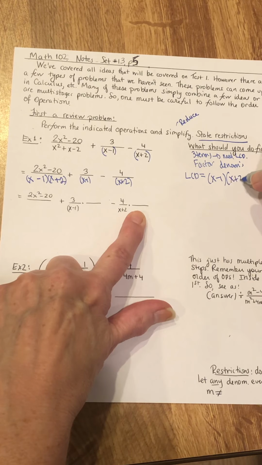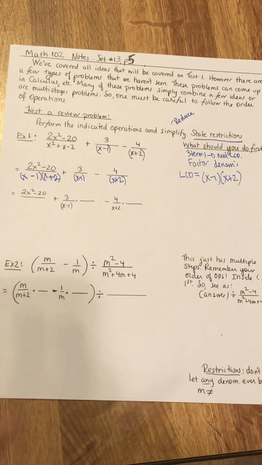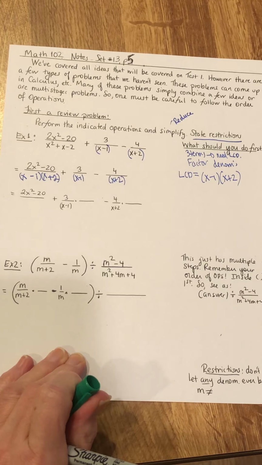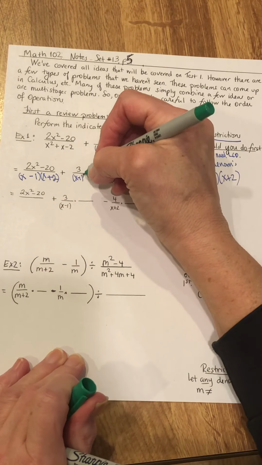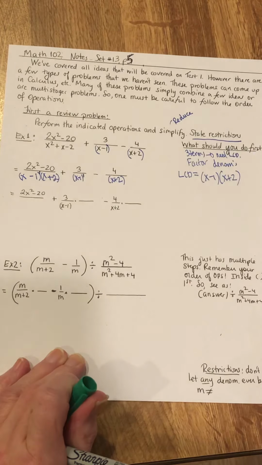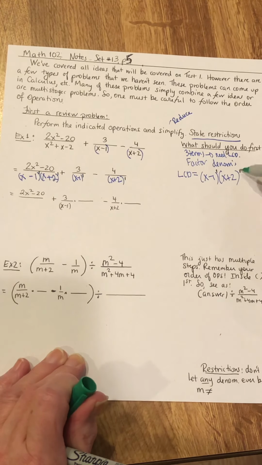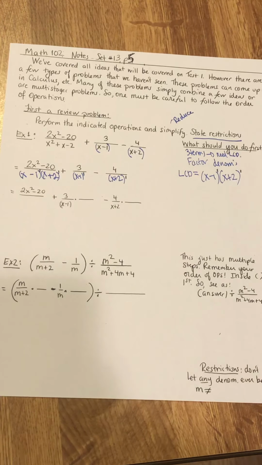So every different type of factor that shows up in any of the denominators of the fractions you're trying to add, those factors have to be in your LCD. Then you've got to figure out, well, what power. The general rule is take it in the LCD with the largest power that you see in any of the fractions. Well, to the first power is the largest power that I see for the x minus 1. So it'll just be x minus 1 to the first. Same thing with the x plus 2. The largest power you see on the x plus 2 is 1. So that will be my LCD.